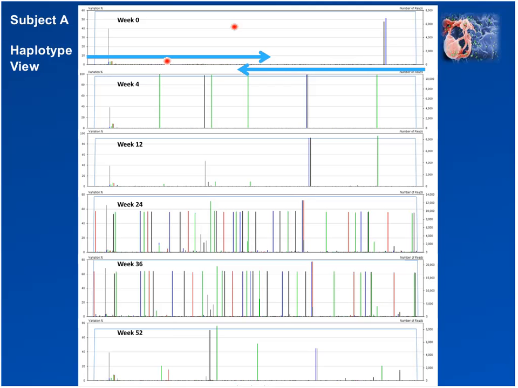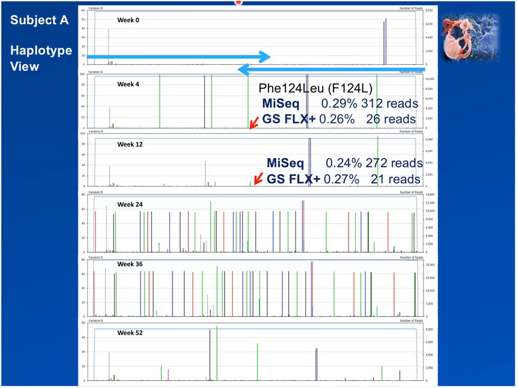I've got these two bars here to remind me that the MiSeq data is comprised of two 250-base paired-end reads in this experiment. So I also want to use this slide to show you that the data in the overlap is also very concordant.